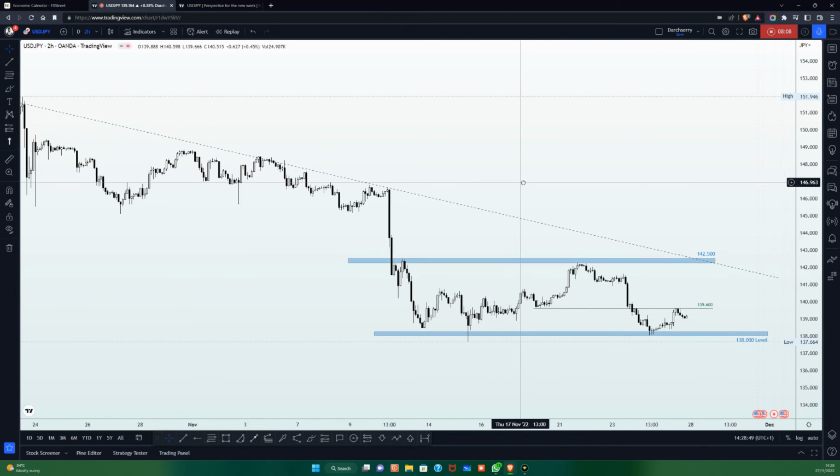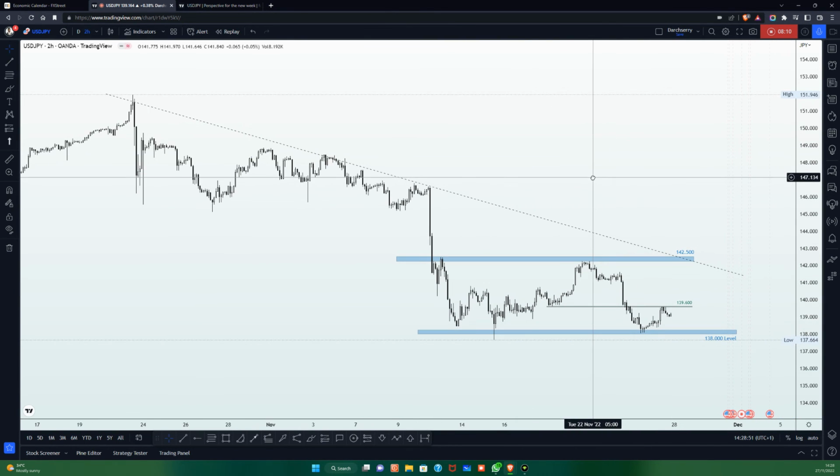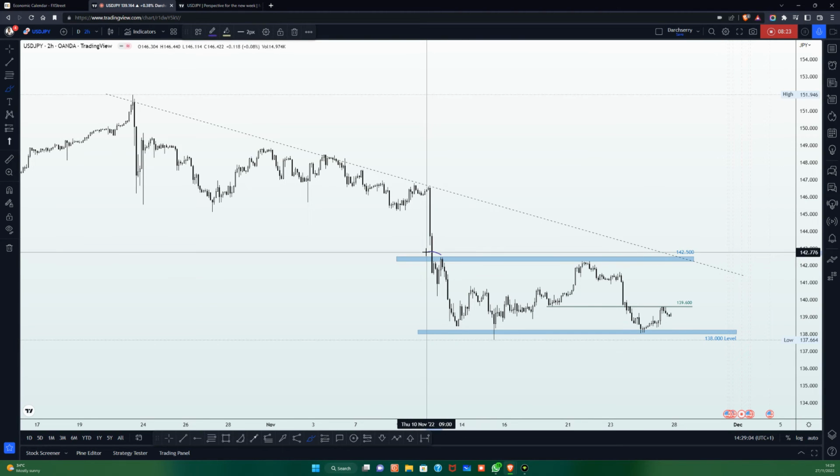As you can see, price has been on bearish momentum, at least in the last 2 weeks here. As a result of this, I was able to connect the series of lower highs to give us that resultant bearish trend line before we saw price cut within the channel around the 142.500 level and the 138.00 Japanese yen area.